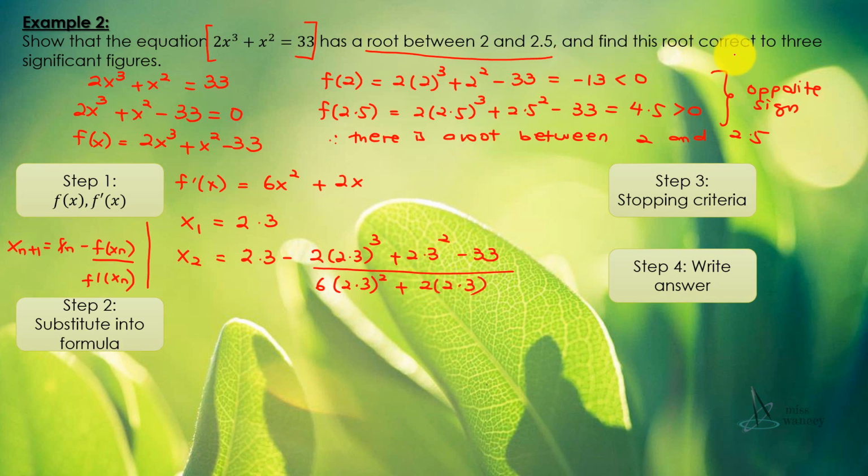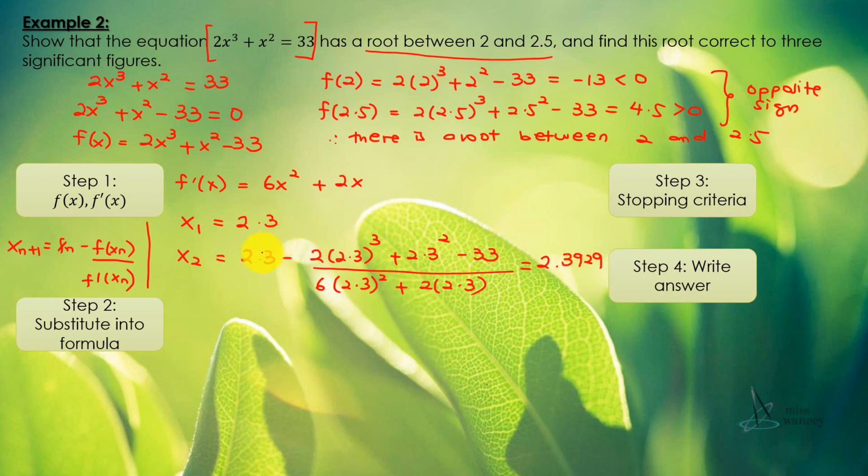Since the question asks for 3 significant figures, let us give our answer in 4 decimal places. Using our calculator, this answer is 2.3929.